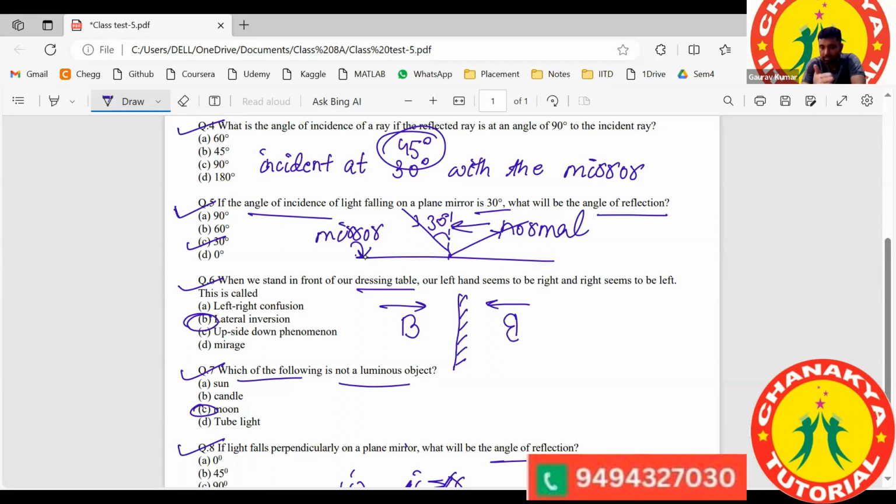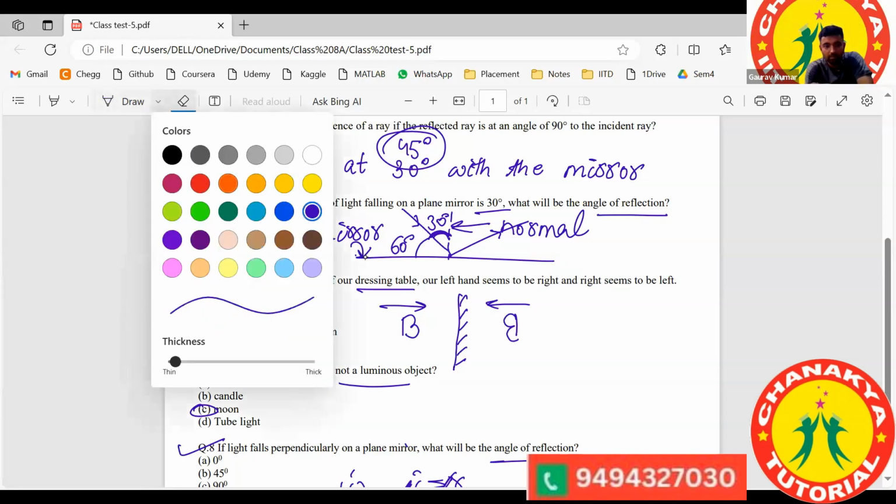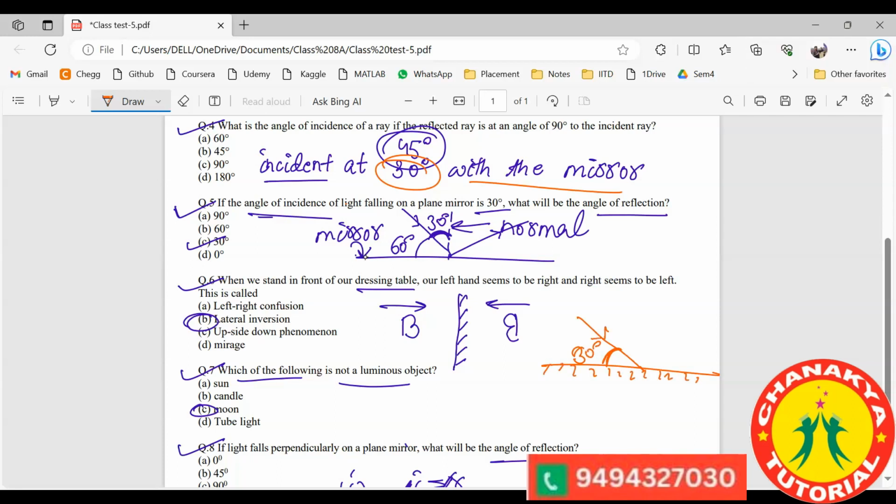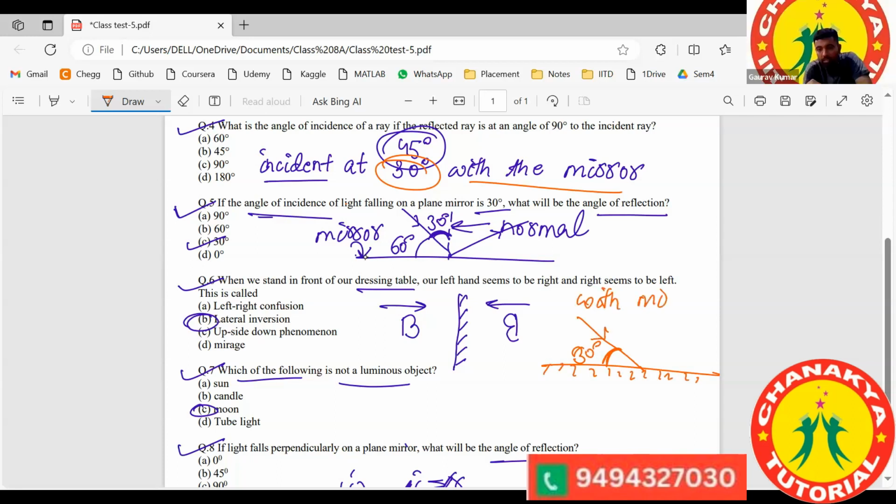If I take the mirror as a reference, the angle is 60 degree. If I take the normal as a reference, the angle is 30 degree. Now what is the difference between what you are saying and what is written in this question? If I say that the light is incident at 30 degree with the mirror, that means the light is making 30 degree with the mirror.